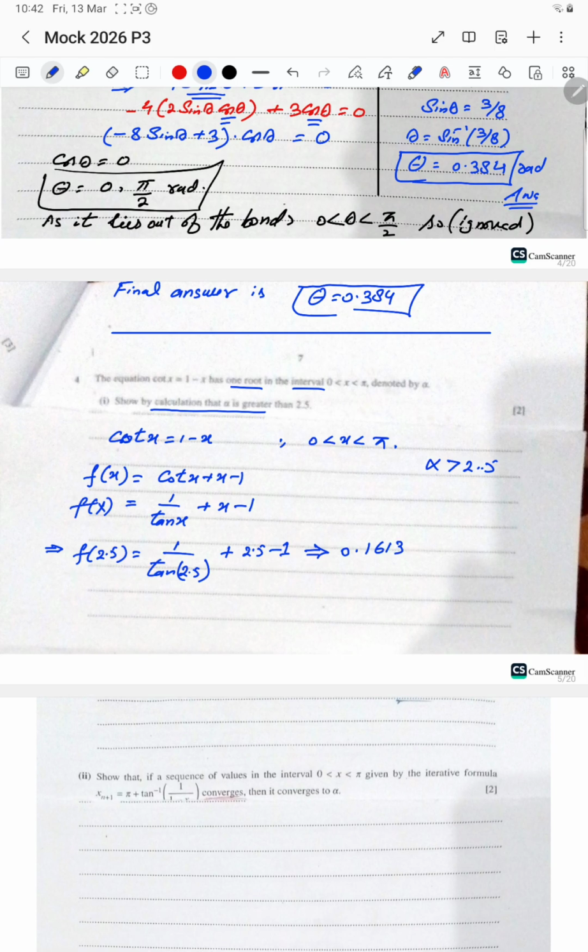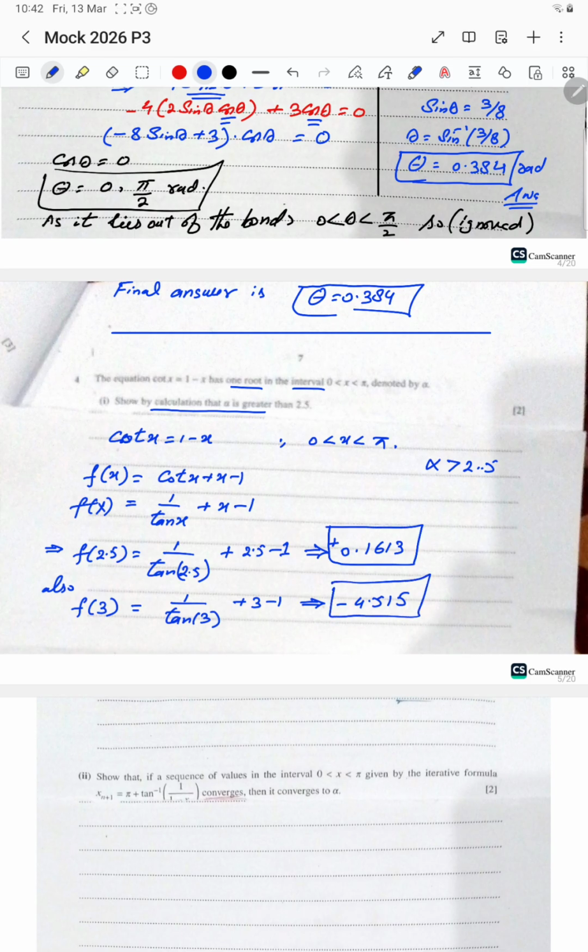This is a positive value, and also at a value bigger than 2.5, say 3, 1 over tan of 3 plus 3 minus 1 gives me the value negative 4.515. So you can see one value is positive and the other value is negative.